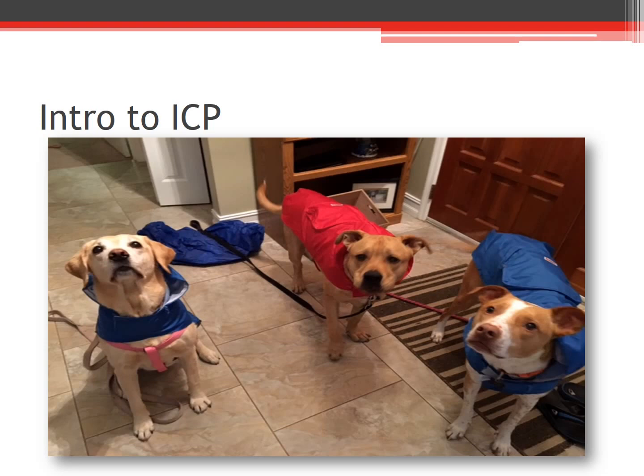Also, there are three components to intracranial pressure, and these three components are brain tissue, blood, and cerebral spinal fluid. And so three components, three dogs: brain tissue, blood, and cerebral spinal fluid. So let's explore how these three components make up intracranial pressure and hopefully keep at a relatively constant balance.